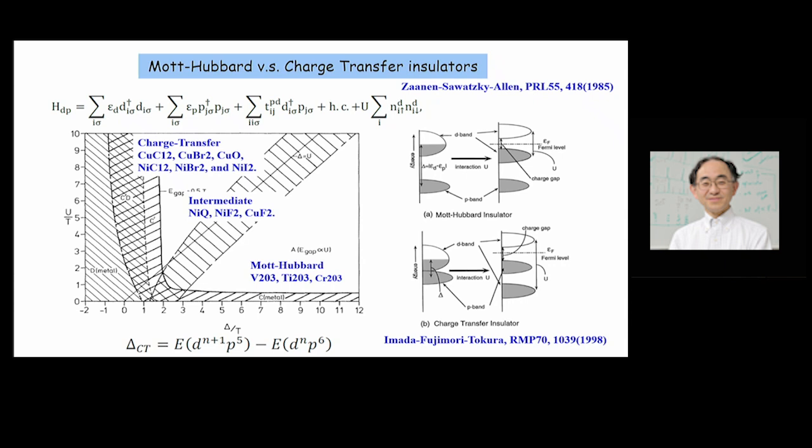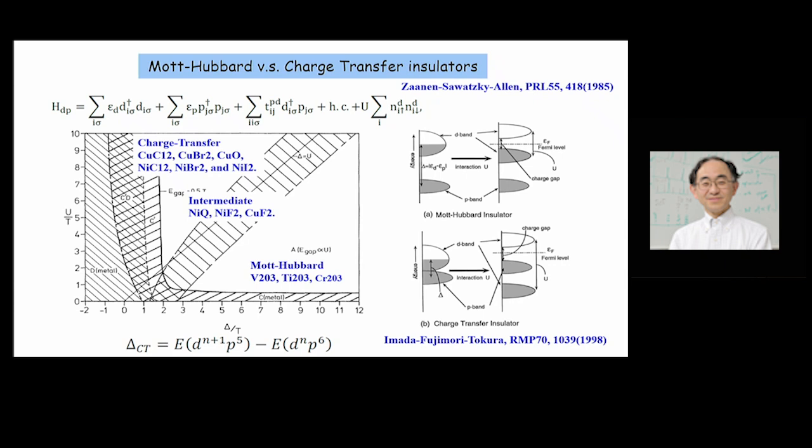These two cases are well separated. One is a Mott-Hubbard insulator, and the other is a charge transfer insulator. In the plane of delta, the charge transfer energy, and the Coulombic interaction U, normalized by the bandwidth, you can distribute the various materials in this diagram.